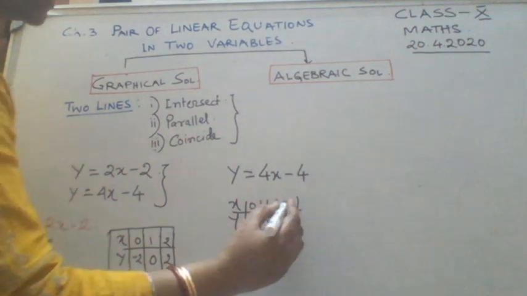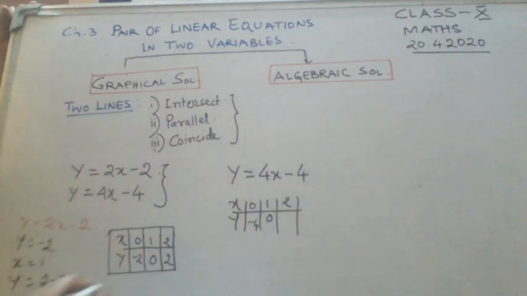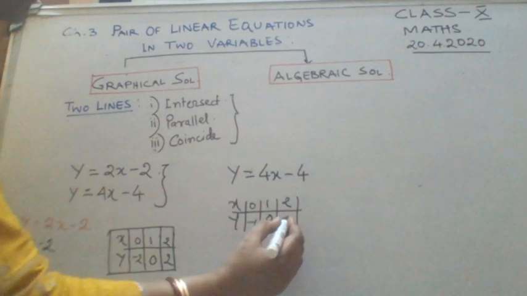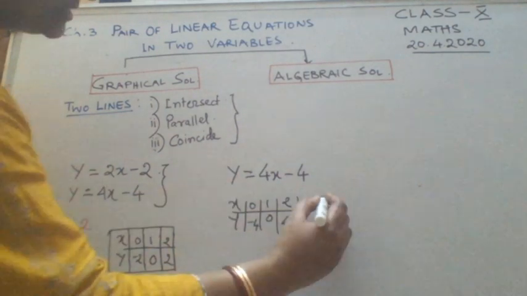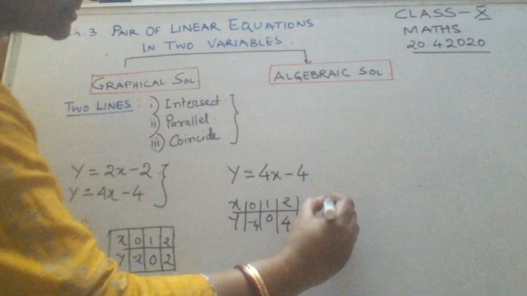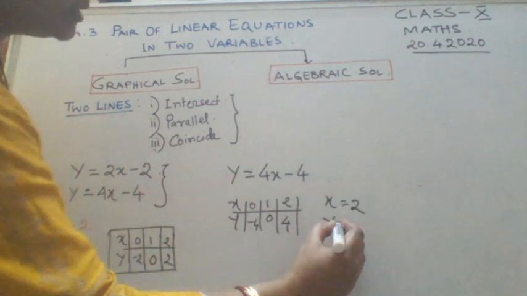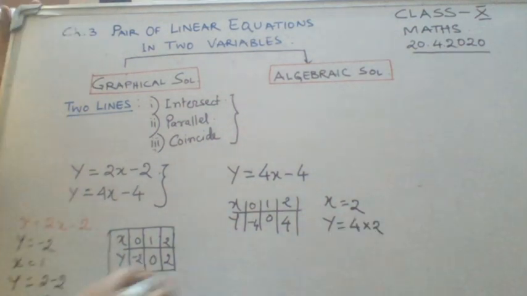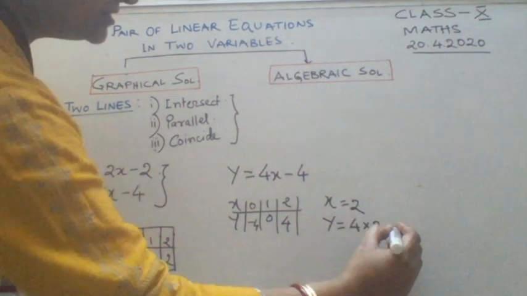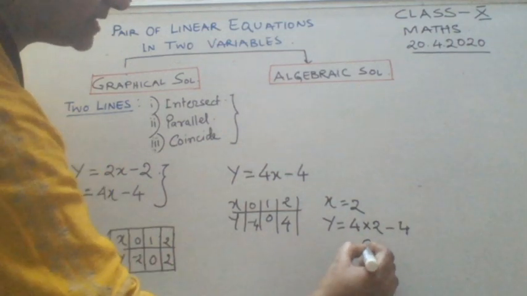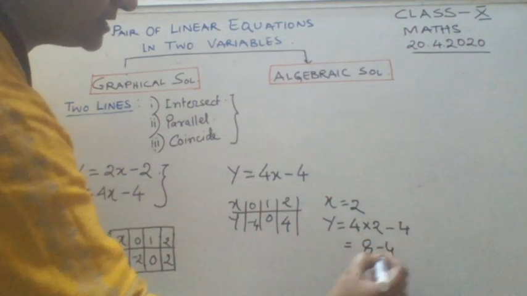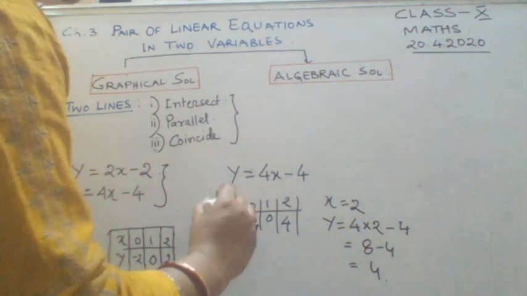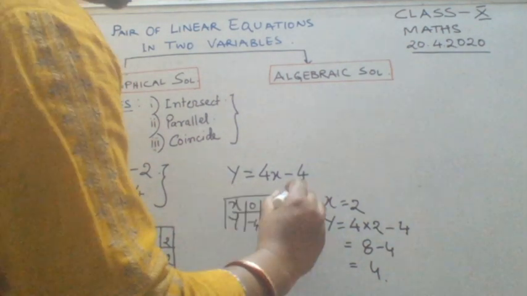If x is equal to 2, 4 into 2 is 8, 8 minus 4 is 4. See, I will do one of the calculations. Say if you take x is equal to 2, then your y is equal to 4x minus 4, that is 4 into 2 minus 4. So 4 into 2 is 8, 8 minus 4 is equal to 4. So in this way we have prepared the table.